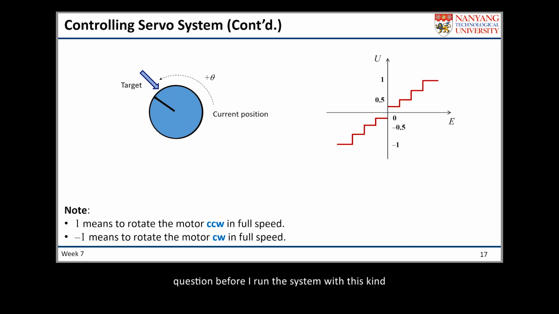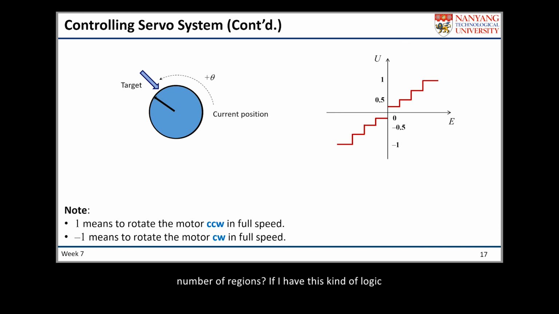But then my question, before I run the system with this kind of controller: why do I split it into only 4 different speeds? Why don't I split it into 8, 10, 20, 50 different regions of speed, 100 or 1000, or even smarter, I split it into an infinite number of regions.